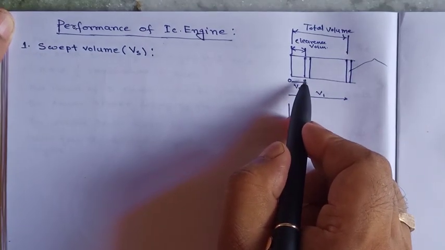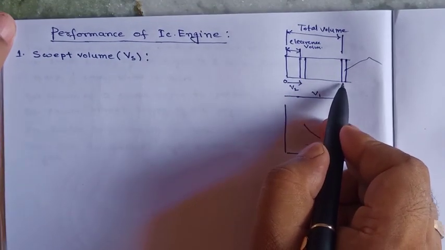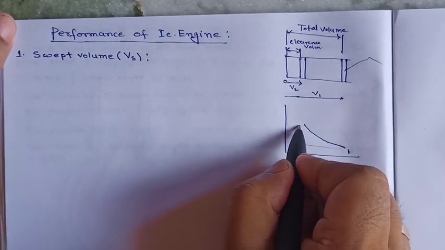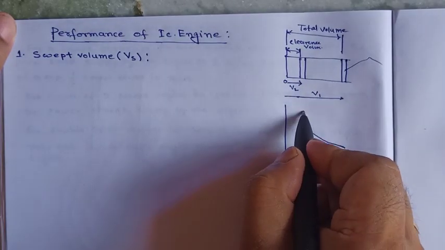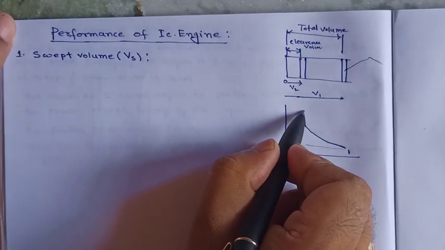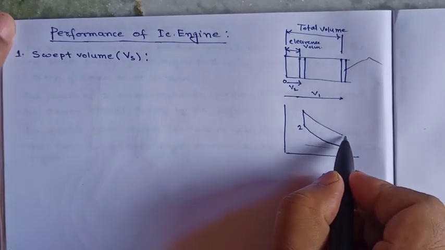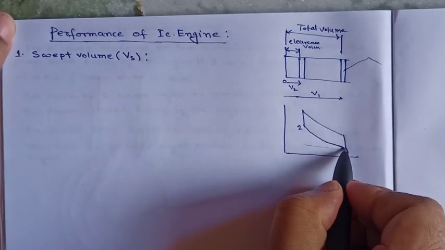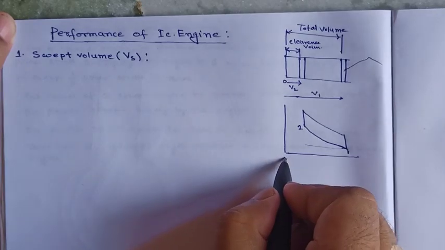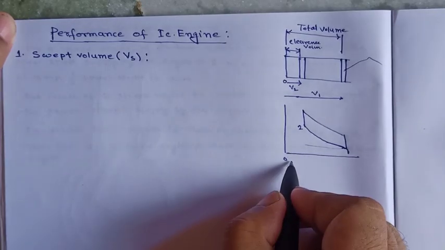So this is the 2, and after that combustion, expansion and heat rejection process.